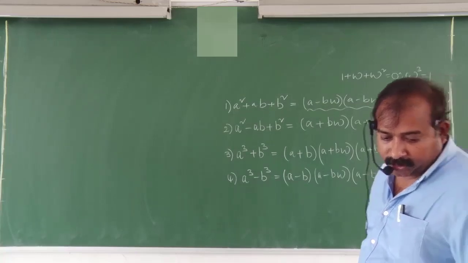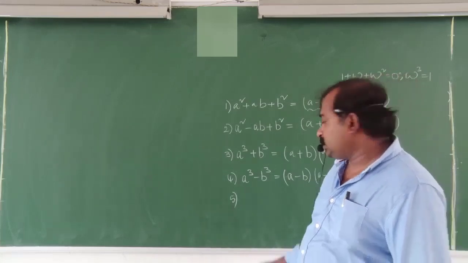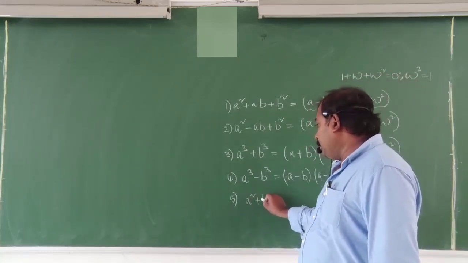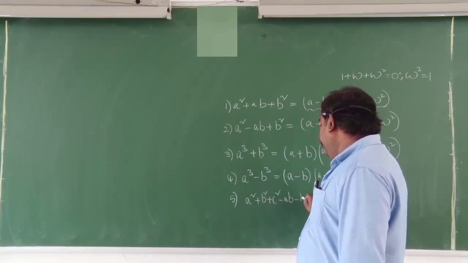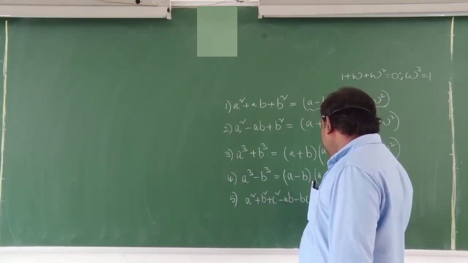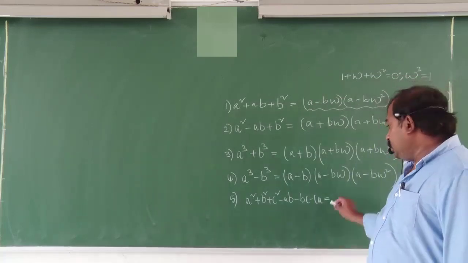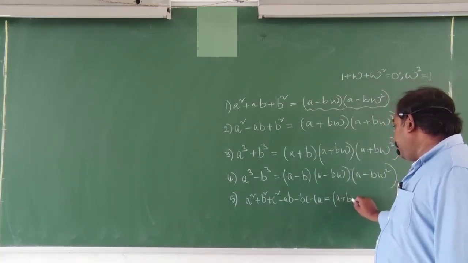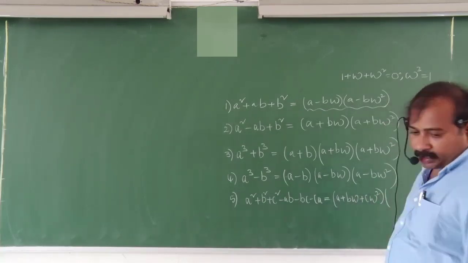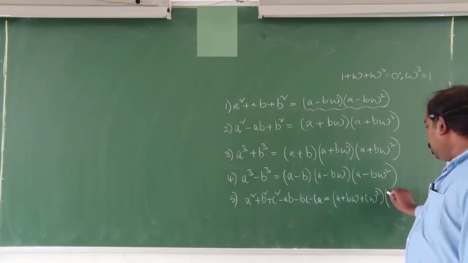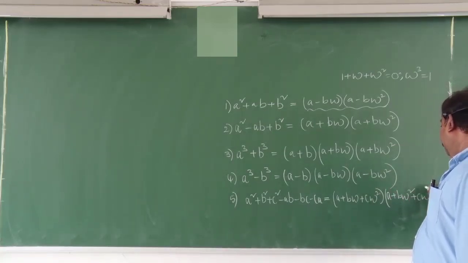Then one more thing they gave: a square plus b square plus c square minus ab minus bc minus ca equals a plus b omega plus c omega square into a plus b omega square plus c omega.